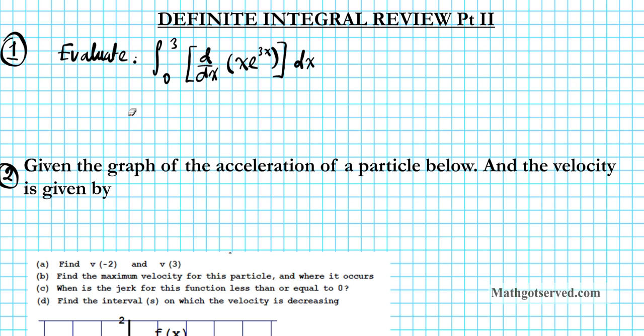If you're evaluating a definite integral, what do you do first? First thing you do is you take the antiderivative of the integrand, and then you evaluate it at the limits of integration. Another way I can write this is: find the indefinite integral of the derivative d dx of x e to the 3x dx.